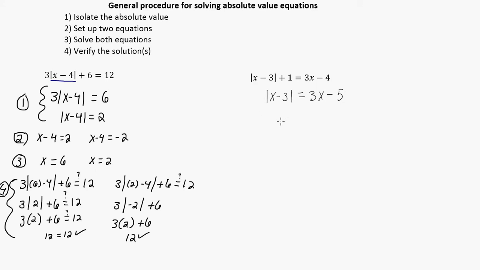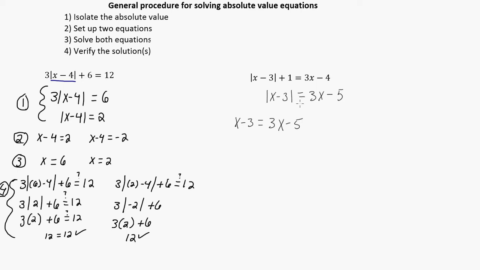Let's talk about how we have to set up these two equations. Now, if x minus 3 equals 3x minus 5, then that would satisfy this equation, assuming this 3x minus 5 is positive. So let's set this up: x minus 3 equals 3x minus 5.